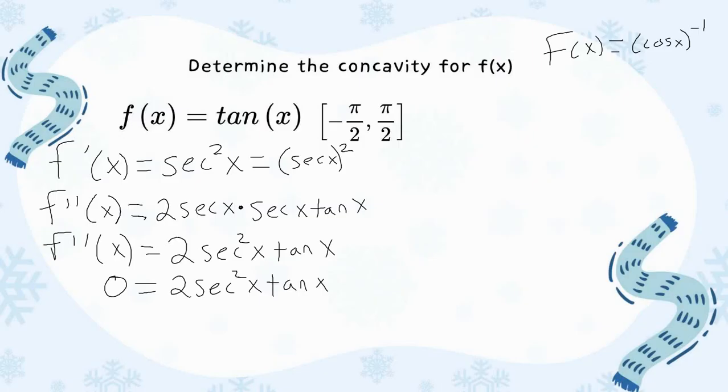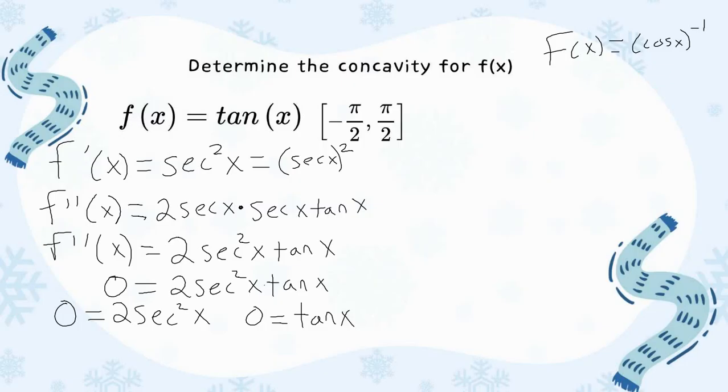Now, remember that for this, I have 2 different trig functions. So we do need to think about where both of those trig functions are going to equal 0. Are we okay with that? Now, secant squared, or just secant in general, is 1 over cosine.